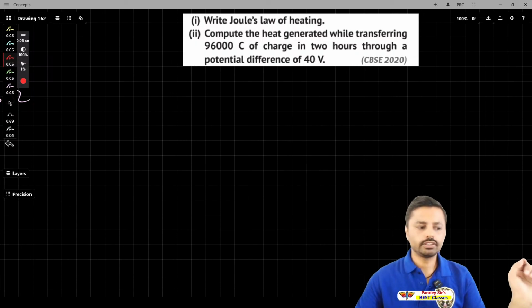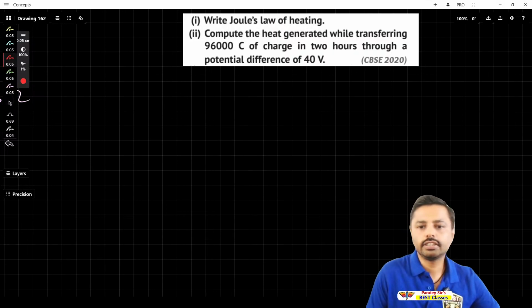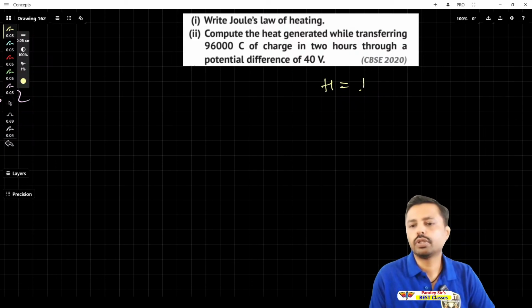I will tell you once what Joule's law of heating is. As per the formula, it's already given, H equal to I square RT.